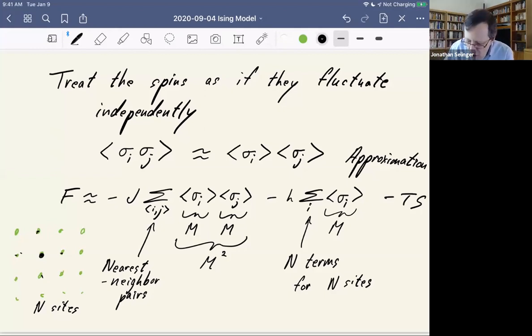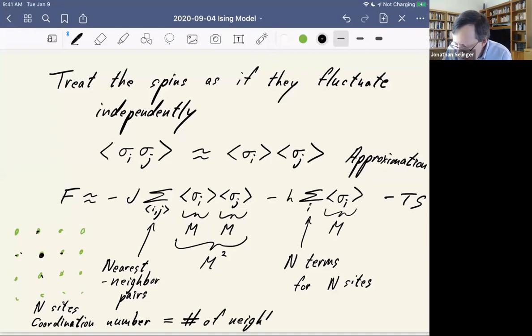The general word for that is the coordination number. The coordination number is the number of neighbors per site.